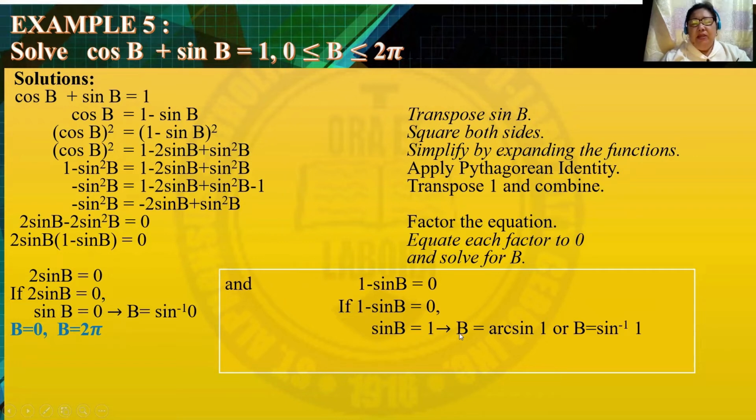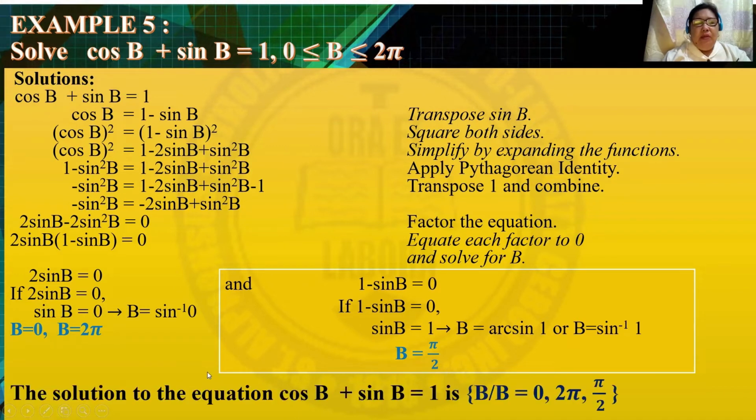Then use the inverse trigonometric function to solve for b. Then we have arc sine 1, or b is equal to sine to the negative 1 of 1. So b is equal to pi over 2. Therefore, the solution to the equation cosine b plus sine b is equal to 1 is the set of b such that b is equal to 0, 2 pi, and pi over 2.